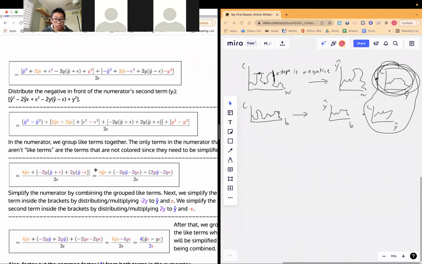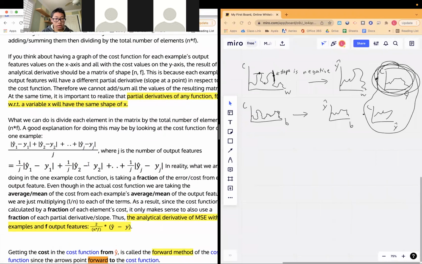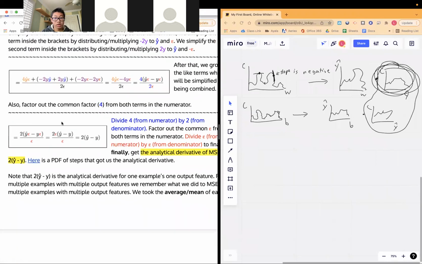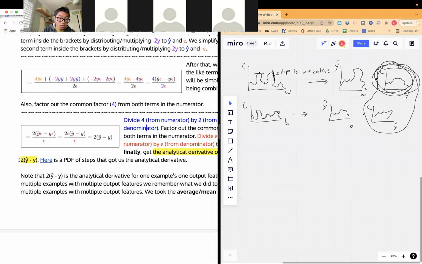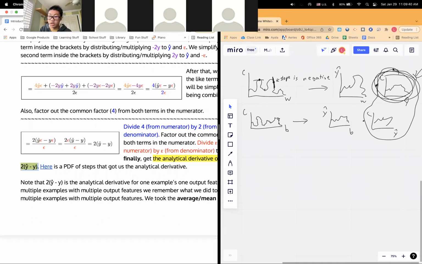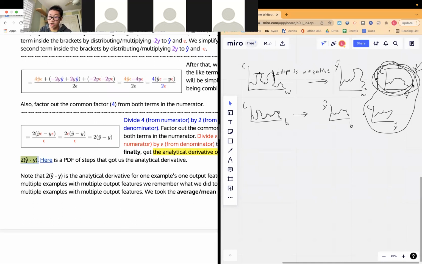Now we already went over this, right? You remember this messy stuff? Okay, so this equation, 2(y hat minus y), that is the slope at every single point on this graph.